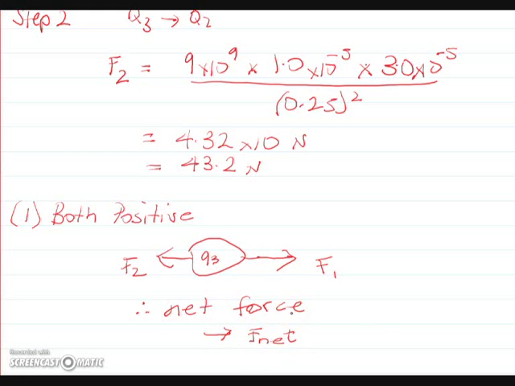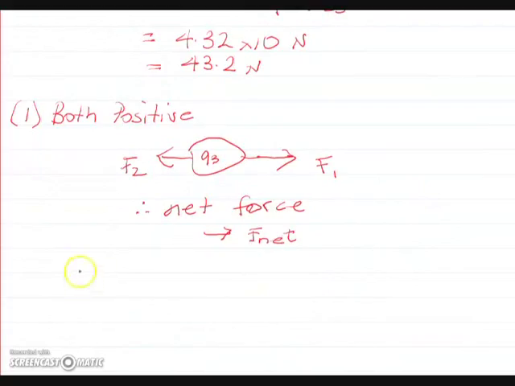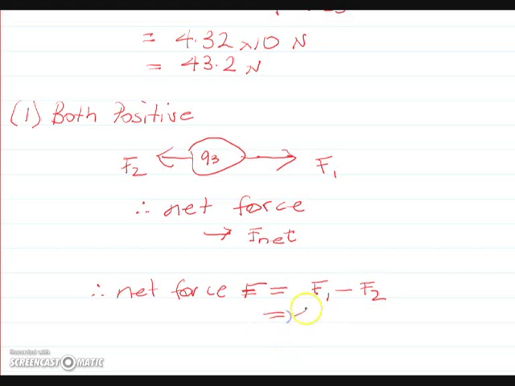So basically, to find the net force, force is going to equal F1 minus F2. If we plug that in, we're going to get an answer of 43.2 newtons to the right. All right, let's work out the other one.